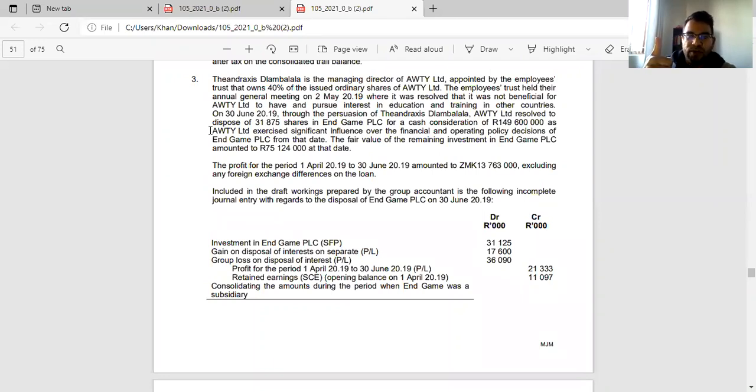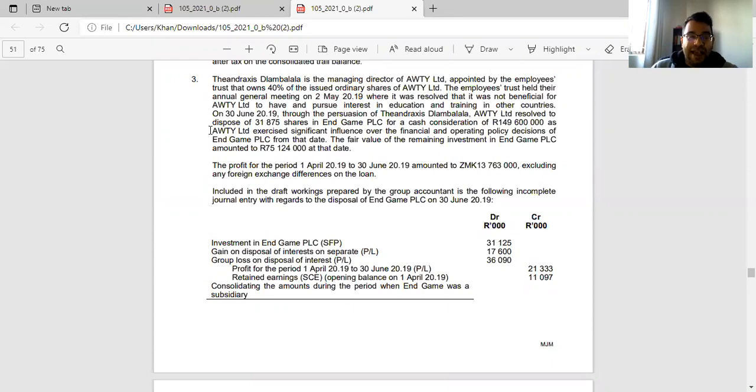As a result of losing control, we're no longer a subsidiary. If you are no longer a subsidiary, you can't have Goodwill, net assets, or NCI relating to that subsidiary, because you no longer have a subsidiary. Okay, so that's the one aspect.